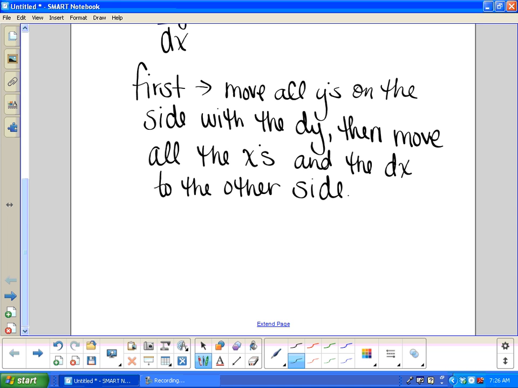So after you do that, you get all the x's and the dx on one side, all the y's and the dy on the other.